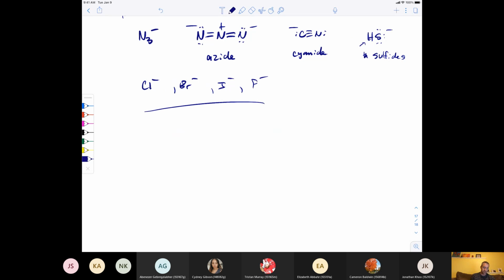These can all be nucleophiles. Fluoride typically only if you have a polar aprotic solvent, not polar protic. Any other nucleophiles that we looked at? Generally speaking, if it's negatively charged, it's a strong nucleophile.